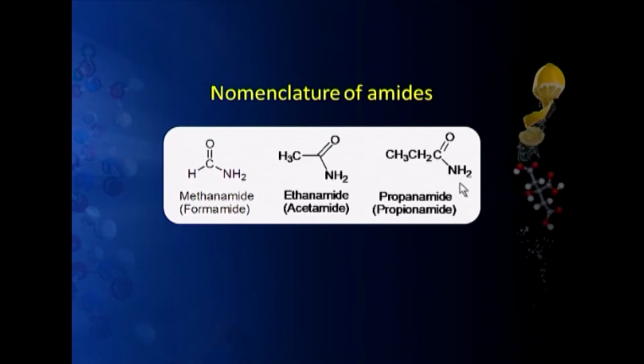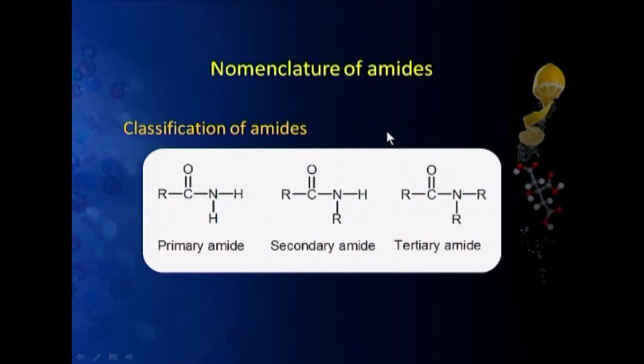A 3-carbon acid, its amide will be called propanamide, and that is the IUPAC name. Common name will be propionamide, because commonly the acid is known as propionic acid. So, its common name for this amide is propionamide. Then these amides may not only have the simple NH2 group. When they have the simple NH2 group which has replaced OH, we call them primary amides.